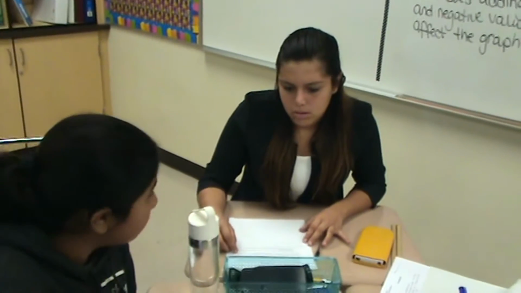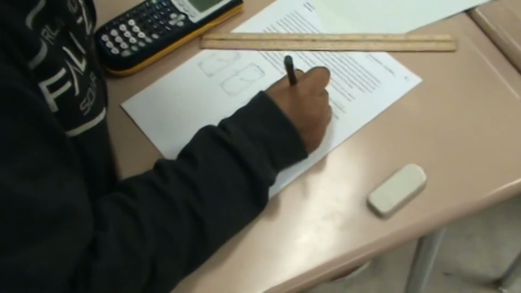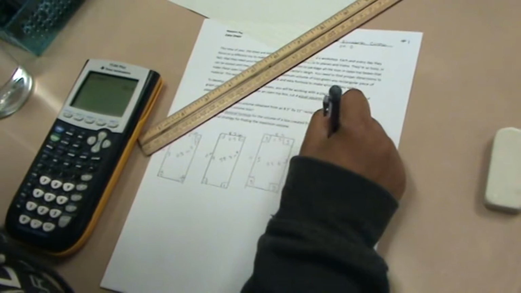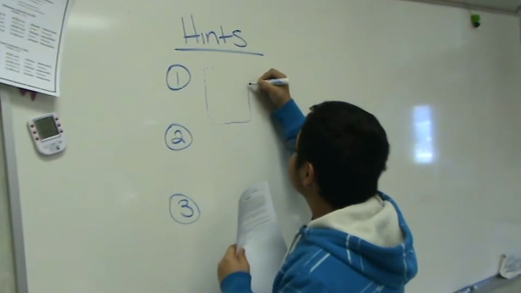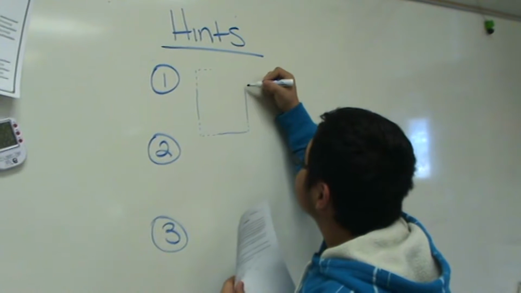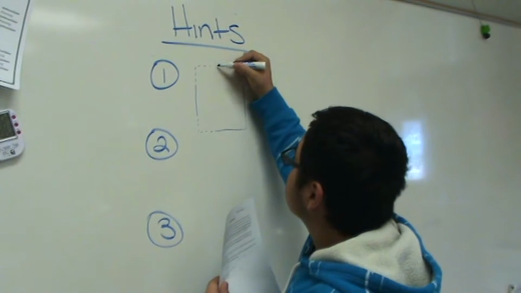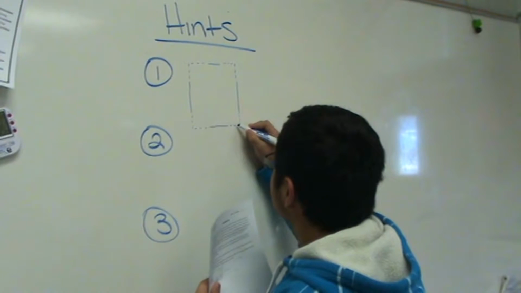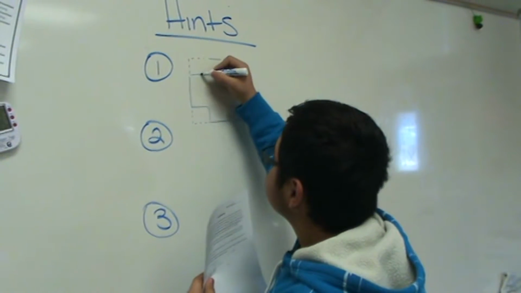But I'm gonna try like 2.5. Hey, that's actually it. I divided by that. I divided by 1.5.